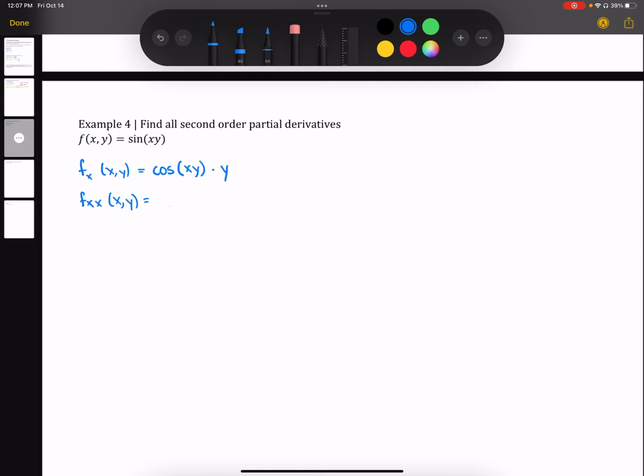We're going to rewrite this so that it's y cosine xy. The derivative is still going to be y, so the y comes along as a constant. But then we multiply by the derivative of cosine xy, which is negative sine xy, and again we multiply by the derivative of the angle, so we multiply by y again. And we're going to get negative y squared sine xy.